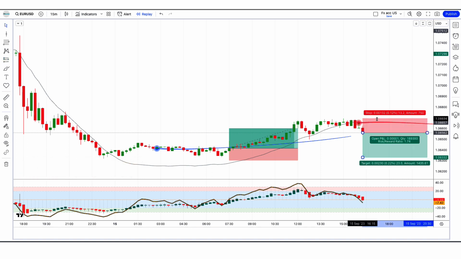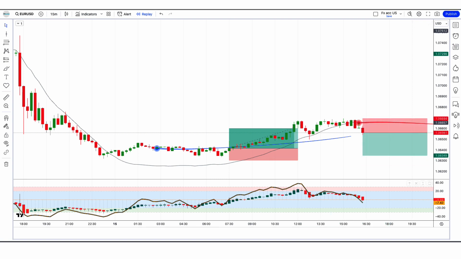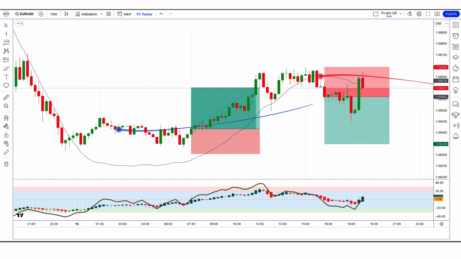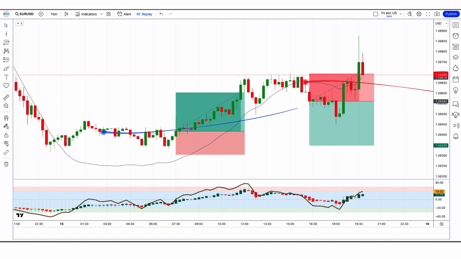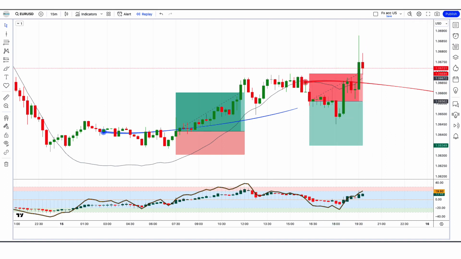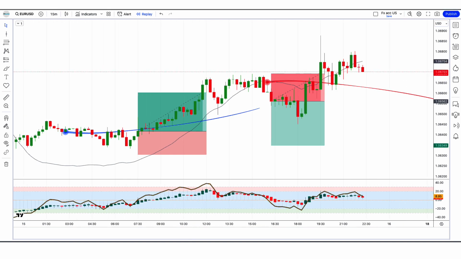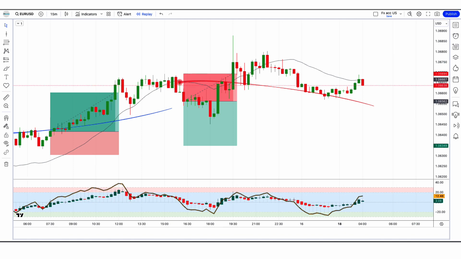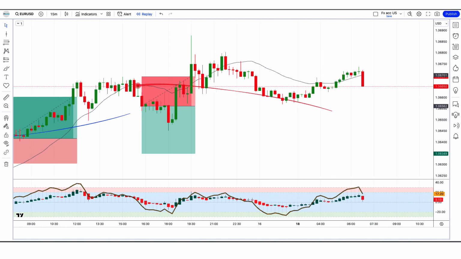Our stop loss will be placed at the current market's higher point, and the risk to reward ratio will be 1 to 1.5. We have lost this trade. Never mind, sometimes it happens in the market. We must remember one thing, that no strategy works 100% in the market. Now we will find other trades.